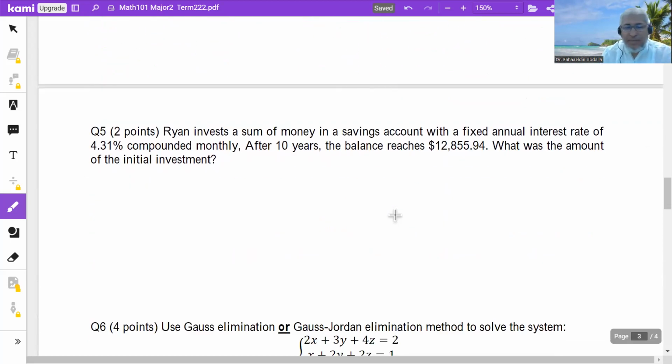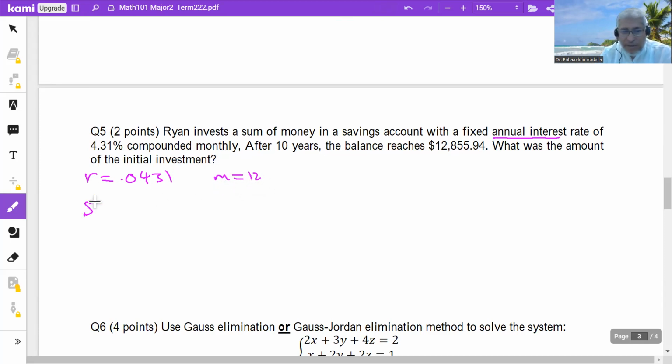Ryan invests a sum of money in a savings account with a fixed annual interest rate. So what is the annual interest rate? That's R. So R is, divide this by 100, 0.0431, compounded monthly. Monthly means the number of periods per year, which is M, is 12. If compounded monthly, then M is 12.